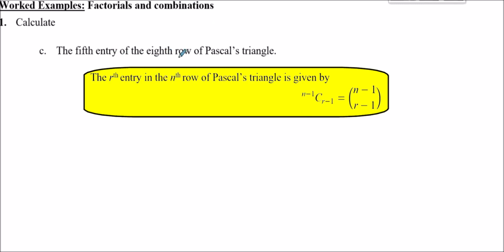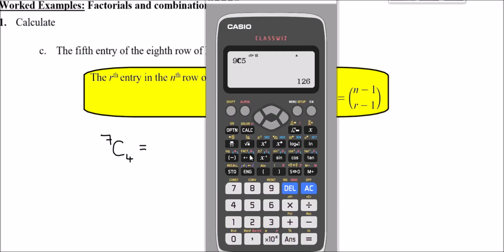So we want the 8th row, so 8 minus 1 is 7. So we're wanting to do 7 choose r minus 1. We want the 5th entry, so 5 minus 1 is 4. So 7 choose 4 will give us the 5th entry along on the 8th row.